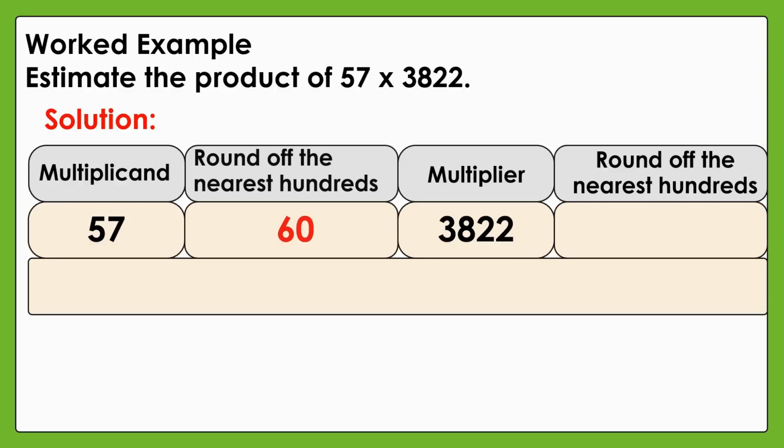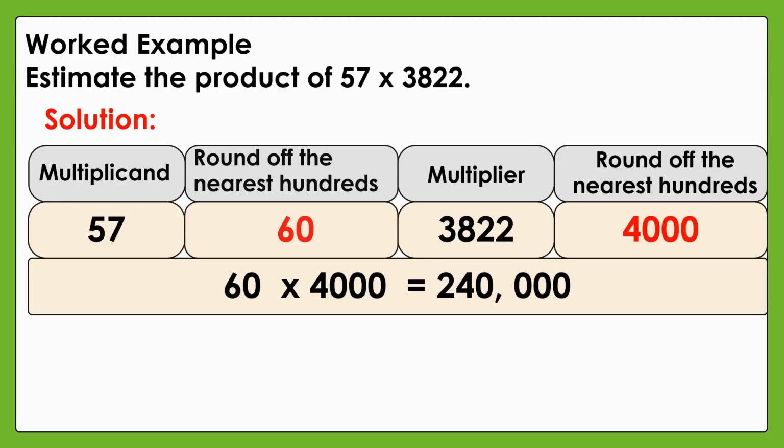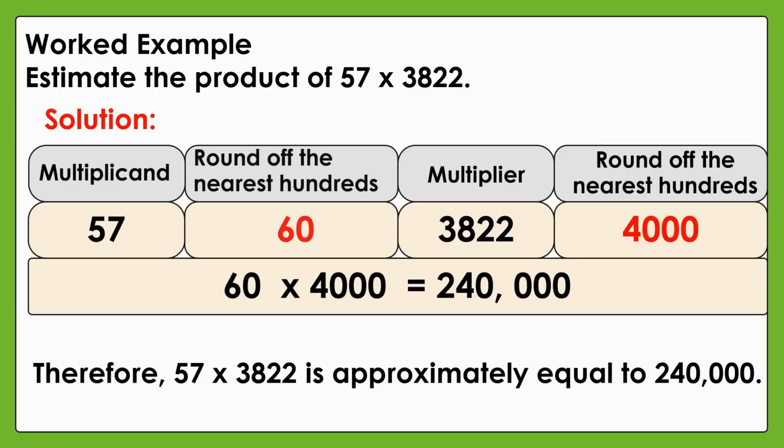Round off to the nearest hundreds, 4,000. 60 times 4,000 is equal to 240,000. Therefore, 57 times 3,822 is approximately equal to 240,000.